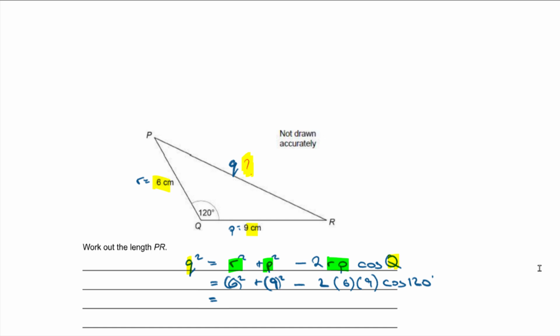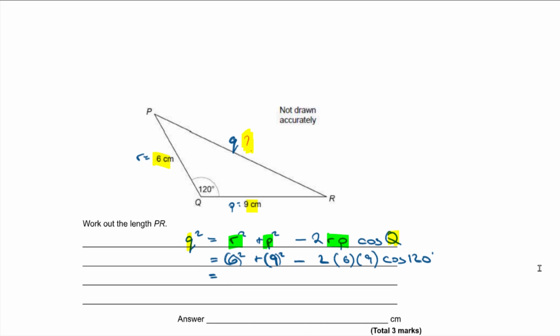Now, there's quite a lot to type into your calculator. Now, you can type it all in straight away, okay? I tend to like to do the easy bits of the maths in my head because I know I'm better at working out basic maths than I am at typing things accurately into the calculator. I make more keying errors on the calculator than I do by multiplying simple numbers together because I've been practicing for many years.